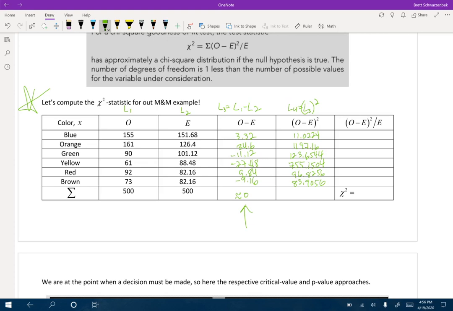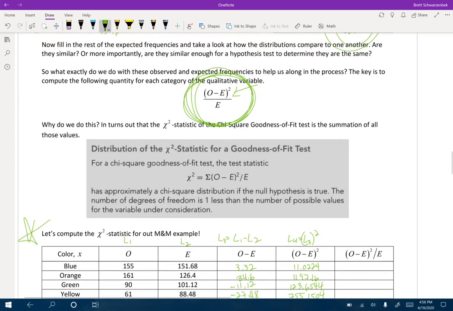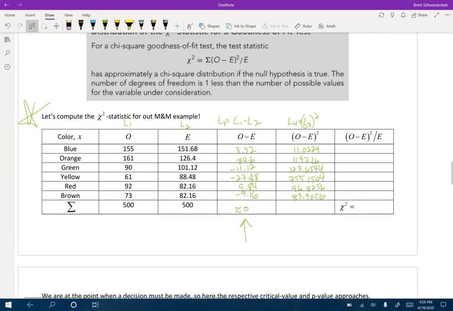And then the last thing in this formula is that we divide by the expected counts. The expected counts are in L2, so you would do L5 is equal to L4 divided by L2. When you do that, you're going to get a bunch of values, some small, some not so small, and you add them all together to get the chi-square test statistic.